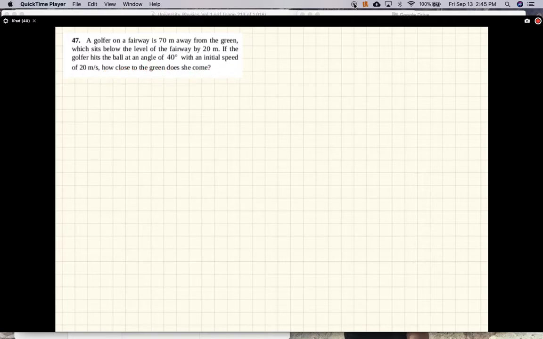Okay, so here's the fairway, here's the green, and again we'll draw our axis like this. The fairway is 20 meters above the green. So you shoot. I guess we'll draw a small green.